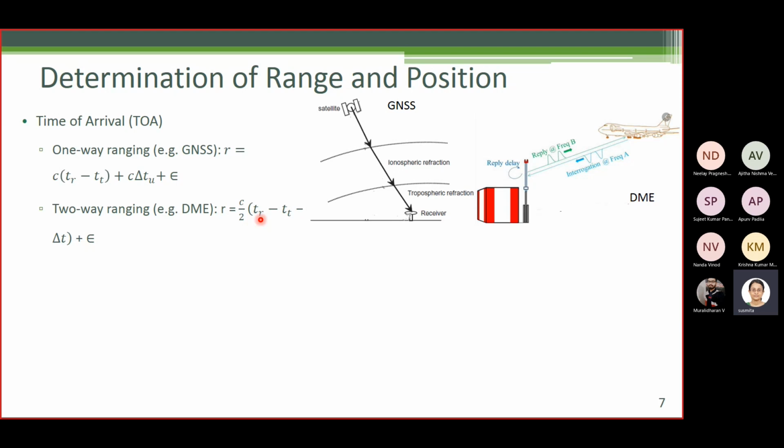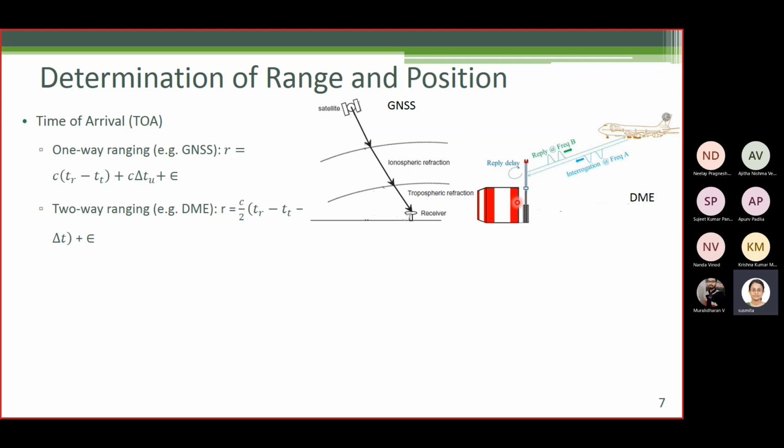Now, for DME, unfortunately, we cannot find the height of the aircraft. See what happens, the aircraft will generally be receiving signals from base stations whose service radius is a few 100 kilometers.